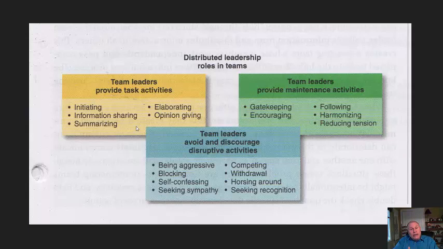They initiate something. They share information. They elaborate. They give opinion. They summarize things. And one of the more important things is they avoid and discourage disruptive activities. We're going to talk about disruptive activities and what gets in the way of teams, but leaders are trying to avoid aggressiveness, competition, withdrawal, horsing around, and other things just to keep the team on track.